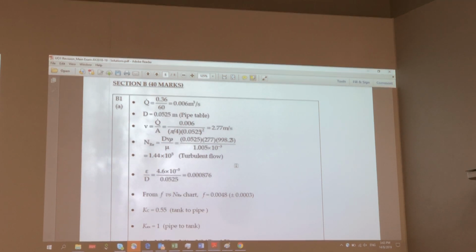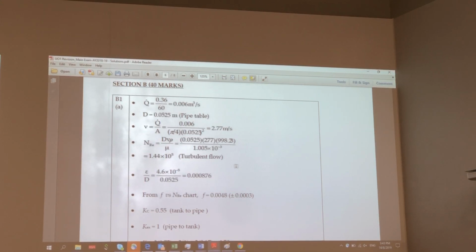Okay? Usually, please take note. Usually it will be turbulent flow. If you calculate and find your Reynolds number is very small, something is wrong already. Why? Most likely you forgot the -3 for the viscosity.